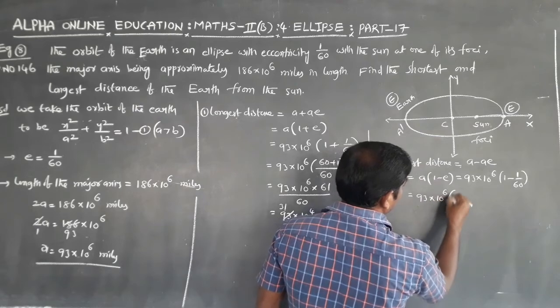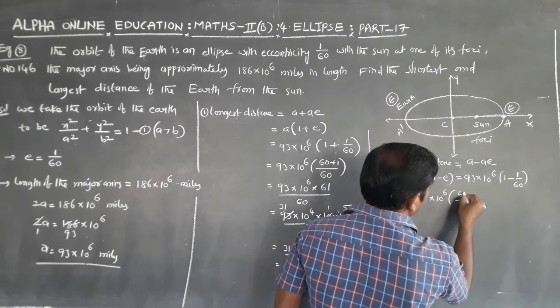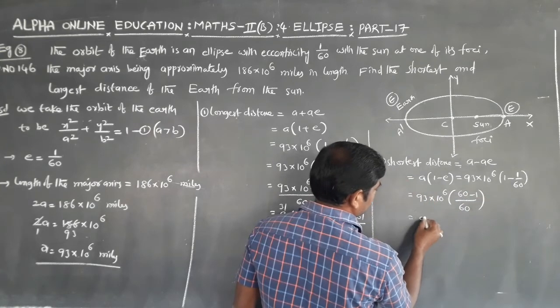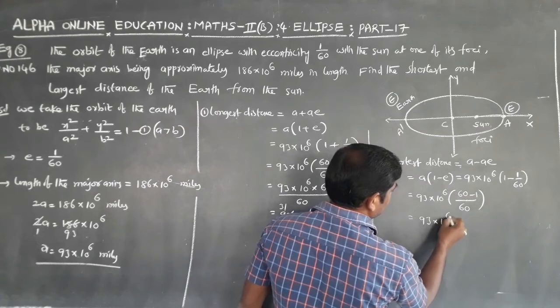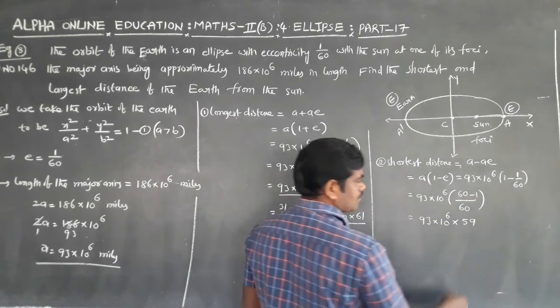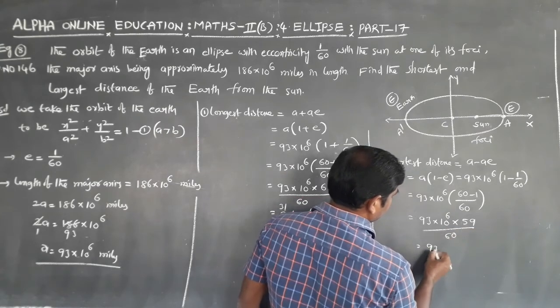Taking LCM 60, 60 minus 1 by 60, so 93 into 10 to the power of 6 into 59 by 60.